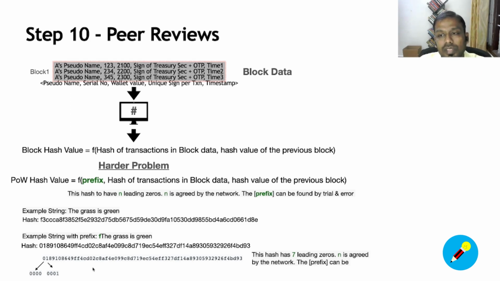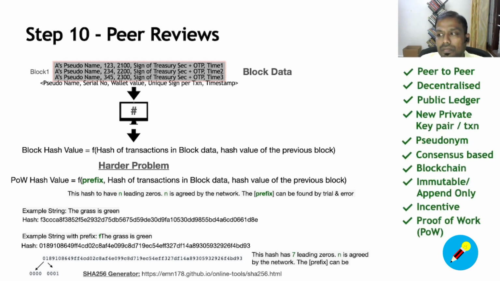So we call these problems NP complete problems, and there is a complete series of work that happens on that ground. And the key thing is that proof of work is an integral part of blockchain for nodes to be able to convince the other parties that they have actually spent that much effort to build the blockchain.